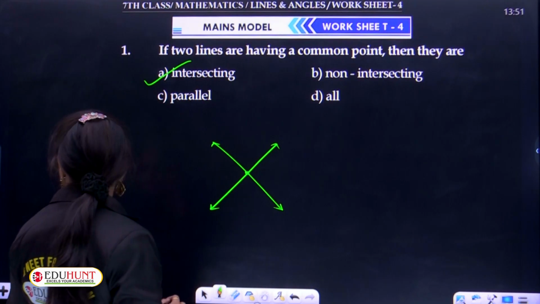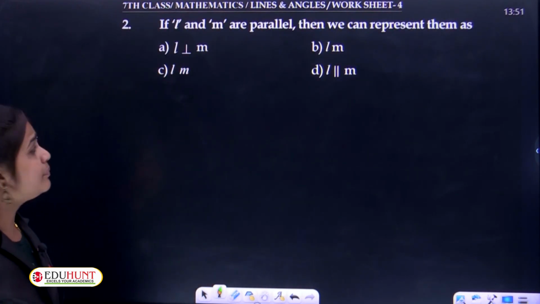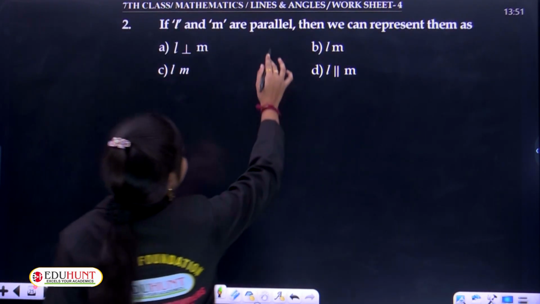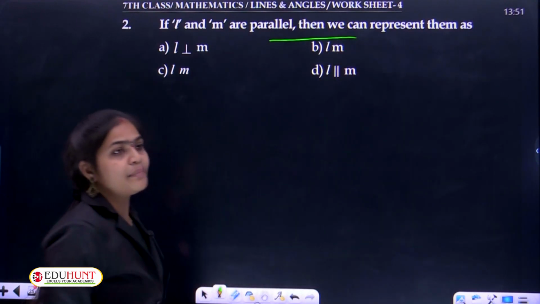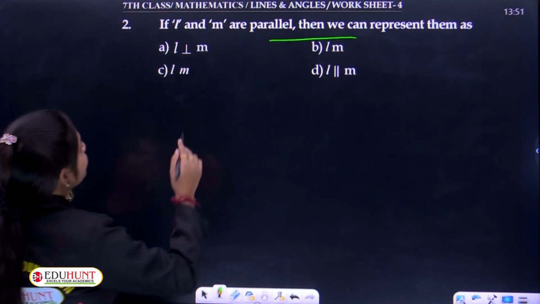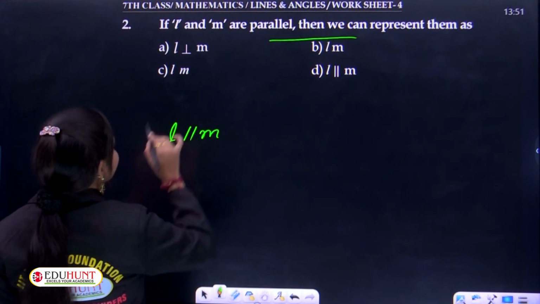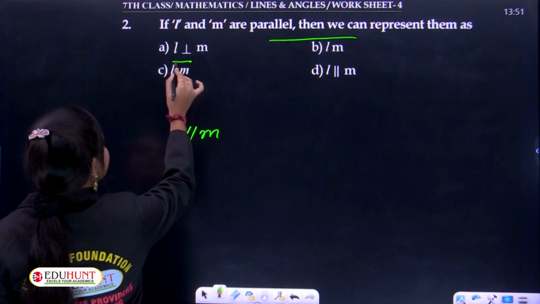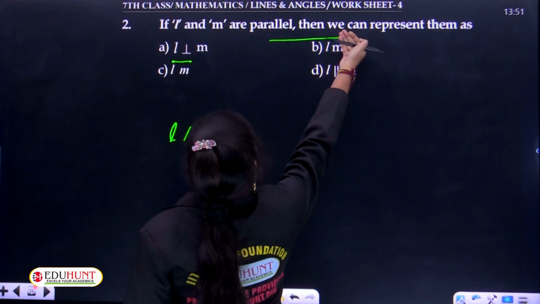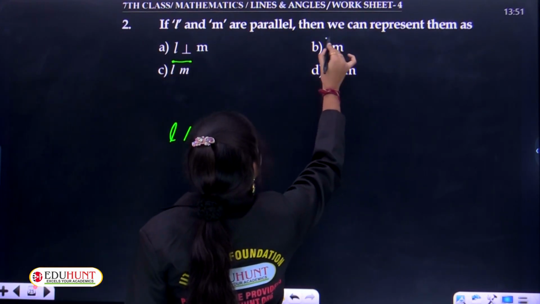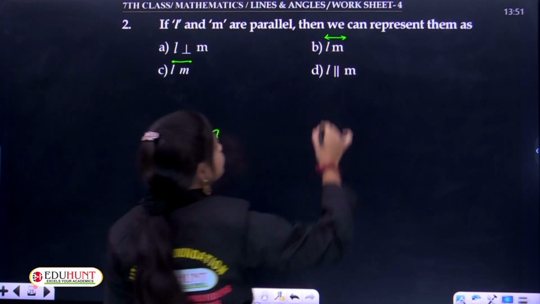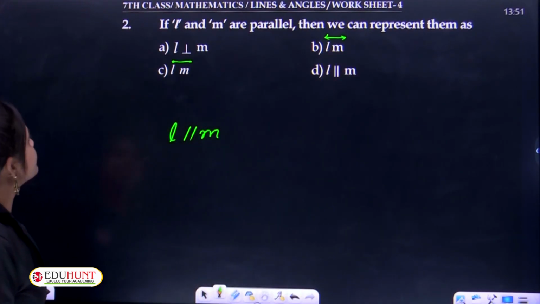Next, the second one says that if L and M are parallel, then we can represent them as L, M are parallel. What is the symbol of parallel here? Actually, two options are missed here.